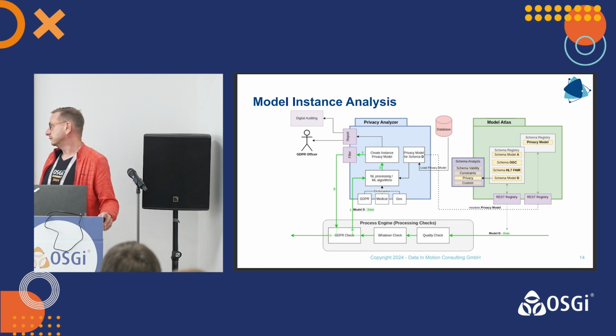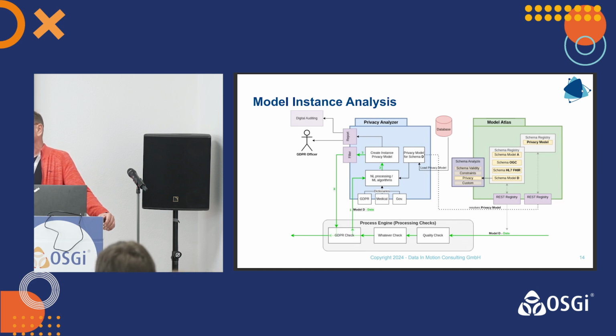And this is a second step that we provide: checking instances of a certain model if they contain sensitive information in all the attributes that are not marked in the report before.